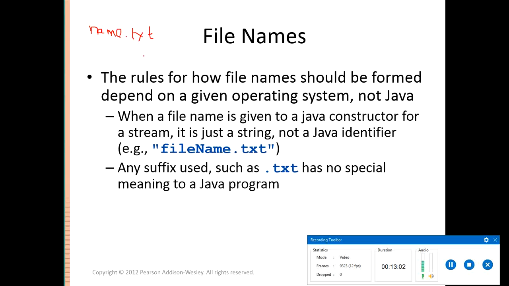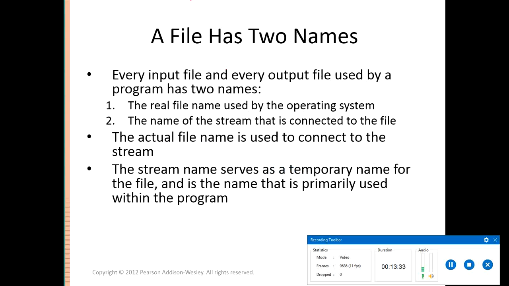Like your Excel files have the extension .xls, document files have .doc, but here, since we are dealing with text files, whenever we are going to save, create or write a file, we give it whatever name we want, followed by the .txt extension. When a file name is given, it is just a string and not a Java identifier. And the suffix .txt has to be used, which is the extension of the file.